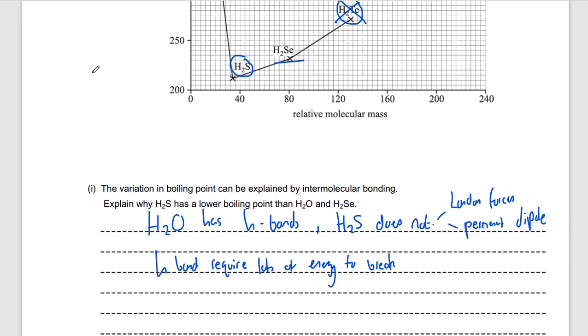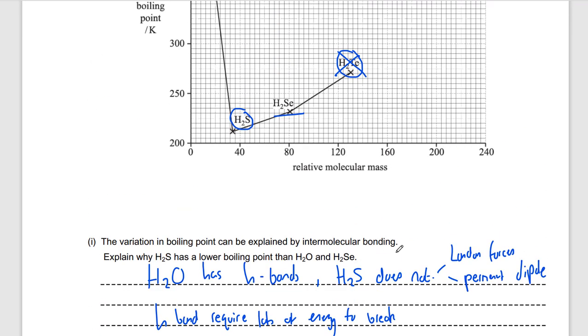Because there could be two things going on here. I mentioned earlier that H2S has London forces and permanent dipole forces. H2Se will be the same. It will have London forces, it will also have a permanent dipole because of the shape of the molecule. In case you don't remember, the shape of the molecule is a non-linear molecule.